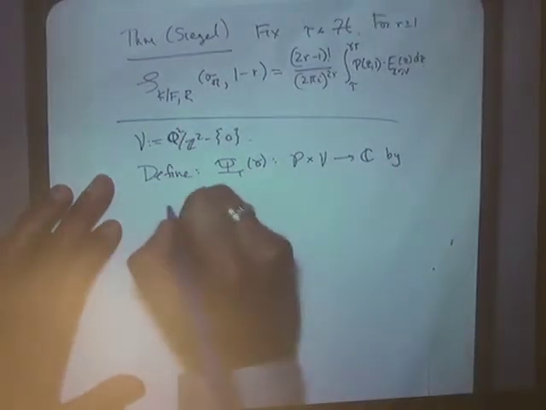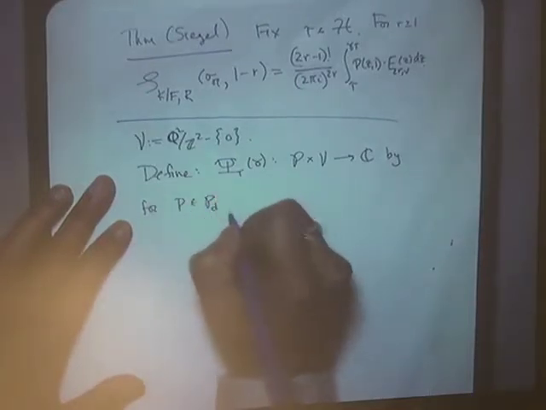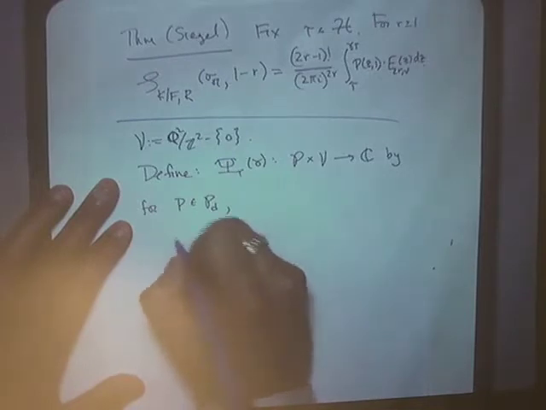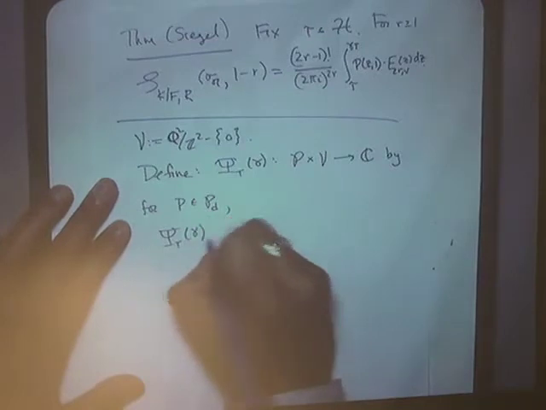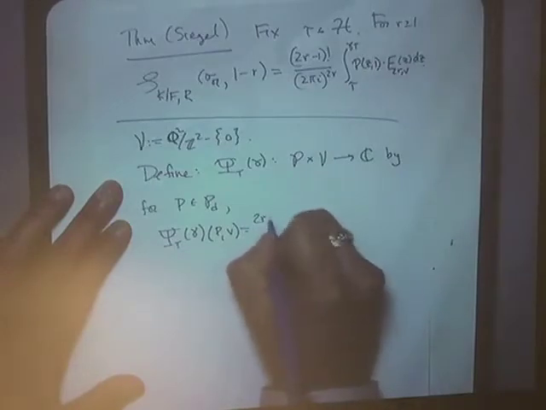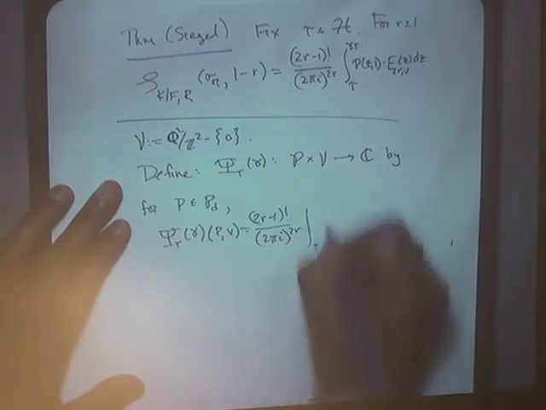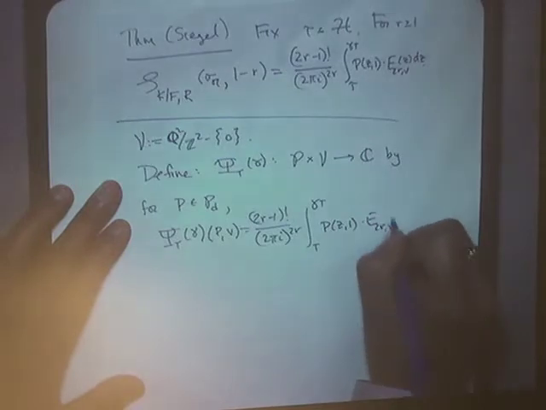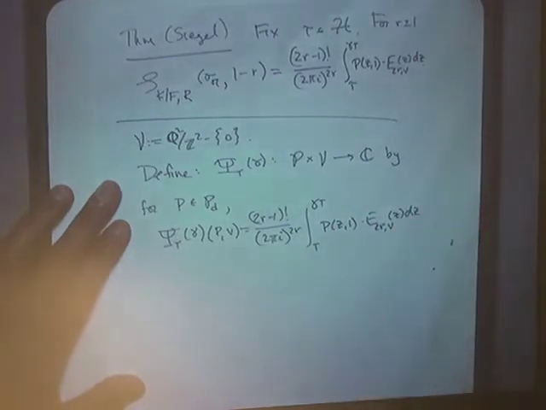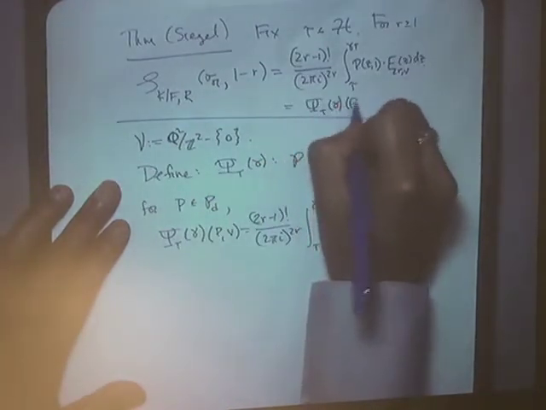I'll define it on a homogeneous p, p sub d, and then extend by linearity to general p's by defining it by exactly, I just copy down the formula on the right: the integral from tau to gamma tau of p of z1 and so on. By definition, this is psi tau of gamma of pv.